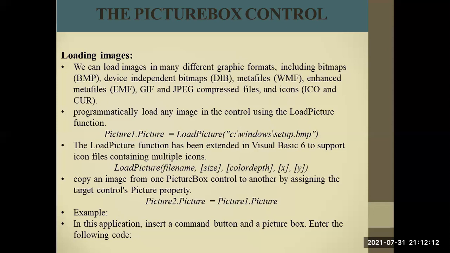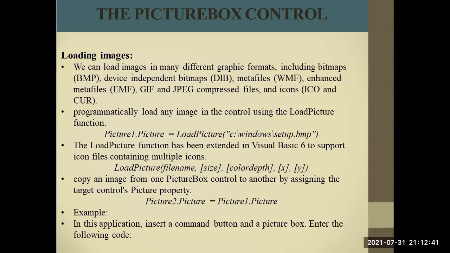We copy an image from one picture box control to another picture box control. For example, you can see how we are using this. Copying an image from one picture box to the other, you can simply write this command: Picture2.Picture = Picture1.Picture.